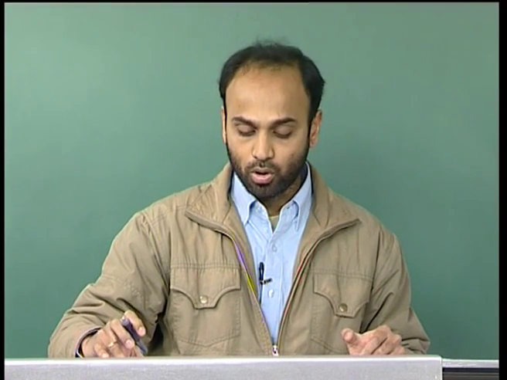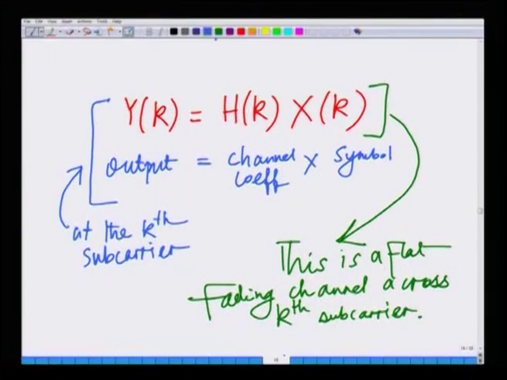These are known as the information symbols loaded onto the subcarriers. Hence, we have an elegant system in which Yk, the received symbol across the kth subcarrier, depends on Hk times Xk, where Hk is the channel coefficient and Xk is the transmitted symbol on the kth subcarrier.